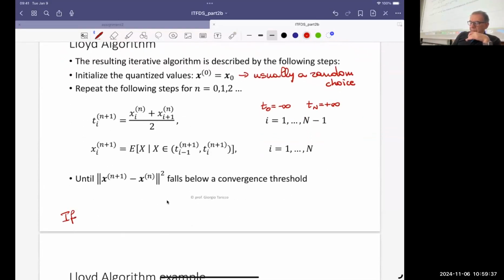If the PDF is defined over a finite range AB, then T0 is A and Tn is B. They are the extreme points of the probability distribution.